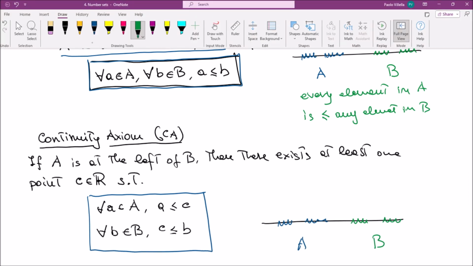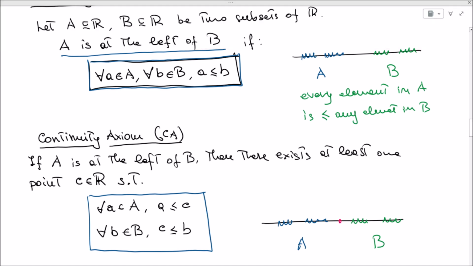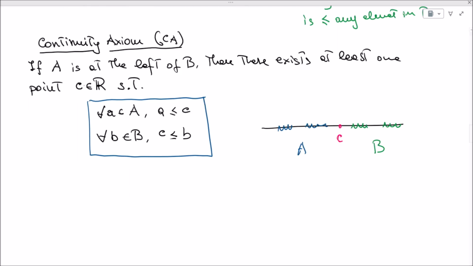We are saying that there exists at least one point C that basically separates the two sets, because it will be less than or equal to any point that belongs to B, and any point in A will be less than or equal to C. So this point is the separation point. And note this is an important thing to realize. In Q, in the set of the rational numbers, the continuity axiom does not hold.